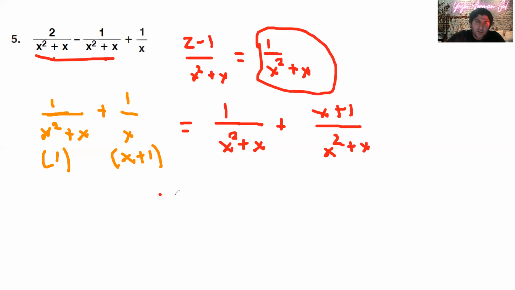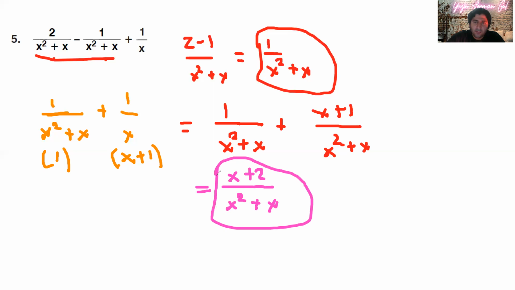Then this equals, let me write this in a different color, 1 plus x plus 1 is going to be x plus 2 over x squared plus x. And this should be our final answer, guys.